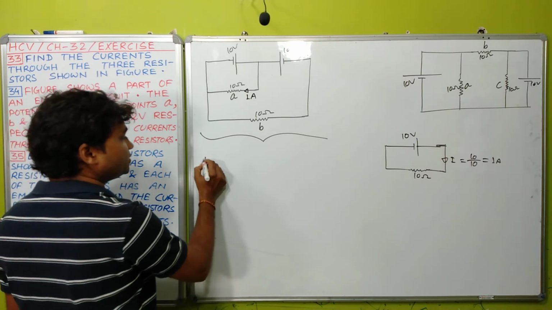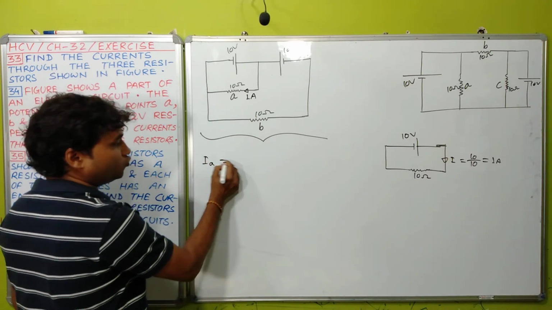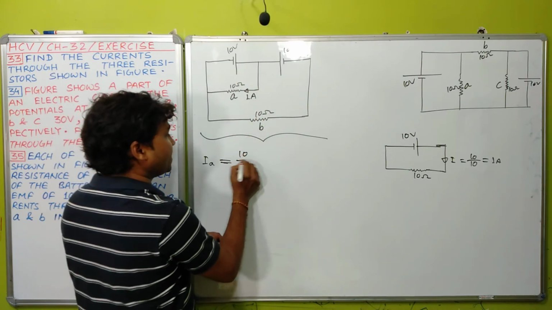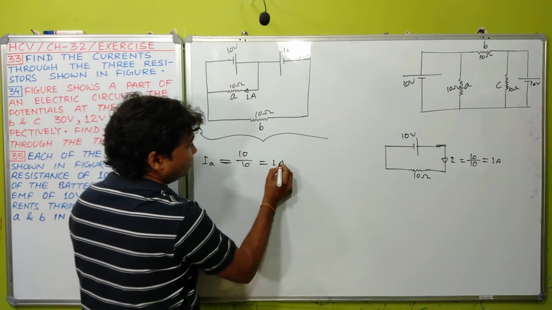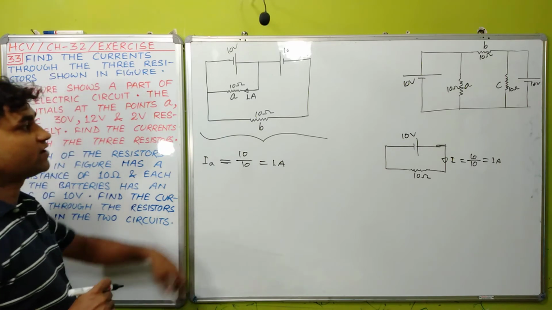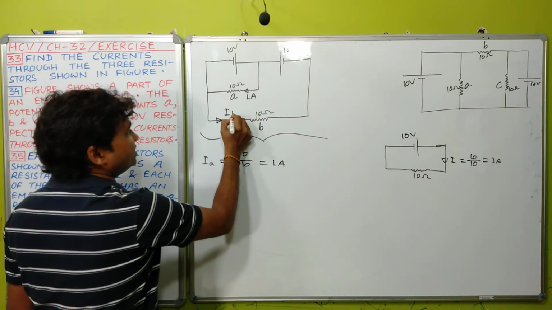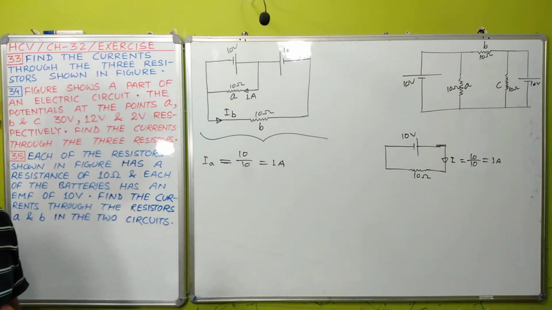You can find out here IA is the current flowing through this resistance A. This will be 10 by 10 equals 1 ampere. Okay, now for finding the value of current through this resistance, let the value of current be IB.